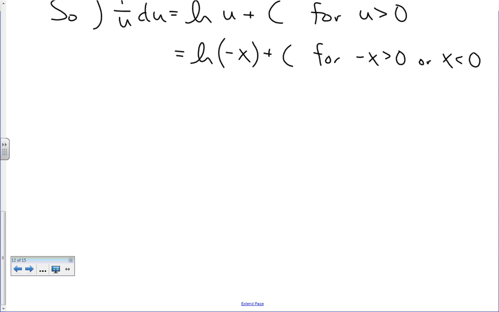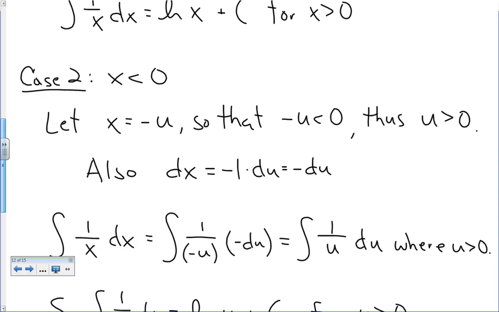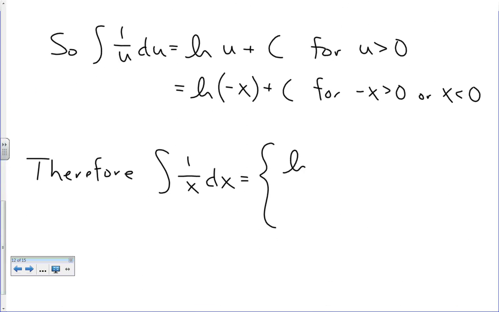What we just went through and found, we can say therefore, the integral of 1 over x dx, our reciprocal function, is equal to a piecewise function because I have two different domains that I'm working on here. In case 1, when x was greater than 0, we get ln of x plus c, and that's if x is greater than 0.